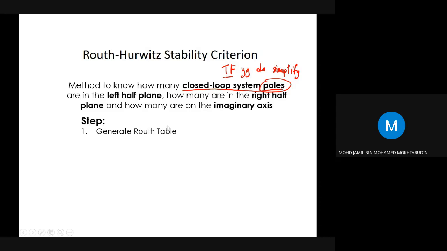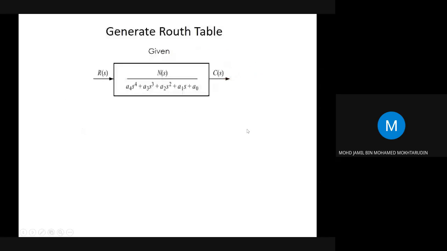So first step is we generate a Routh table, and then secondly we interpret the Routh table. So this method can allow us to know how many poles are on the left half plane, right half plane, and on the imaginary axis. Okay, so let's look at this method, how to generate the Routh table. So let's say you have a transfer function of a system here, something like this. So here it's already simplified.